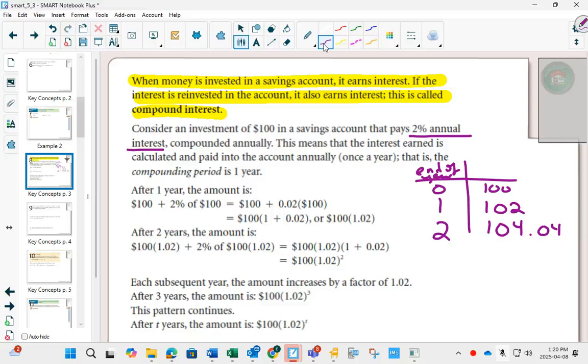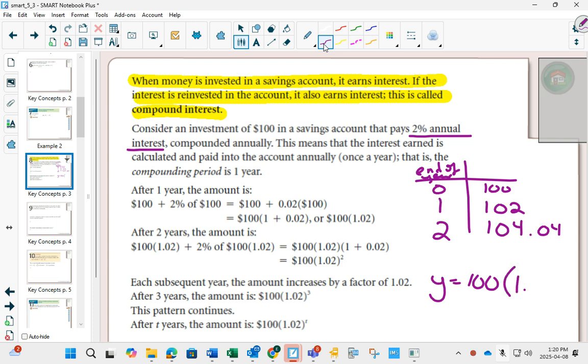If it was simple interest, you would just get $2 every year. But the compound interest says you're going to get $2 for the 2%, plus now you start making interest on your interest. And over time, compound interest can mean that your values go up a lot. But not very much in this case, because technically, our equation for this is we started with $100.